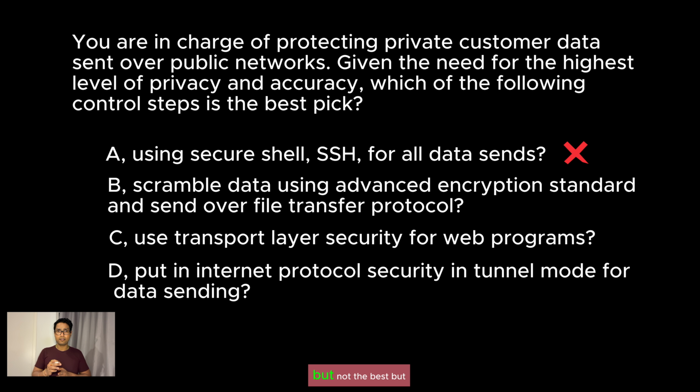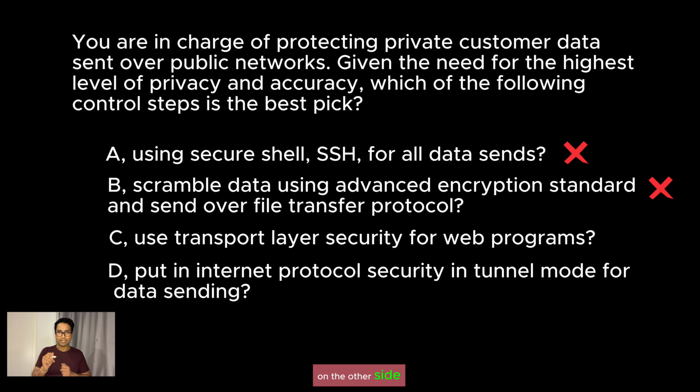So let us look at C, using Transport Layer Security or TLS. This is often used for web programs, giving privacy and accuracy. So it answers both risks to the data. So let us save this one. Okay, it is also better than A and B. So now it is down between C and D. And answer D is IPSec in tunnel mode, which gives end-to-end scrambling at the network level, protecting all traffic between points, no matter the program.